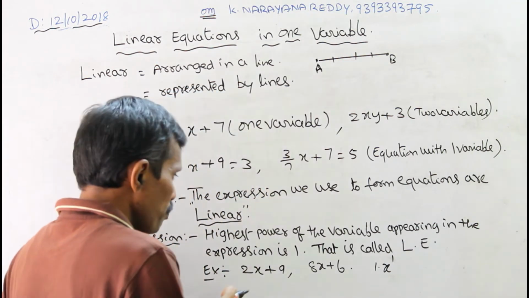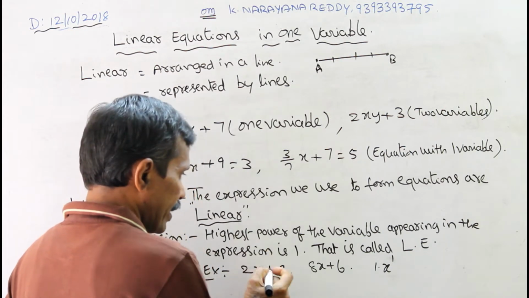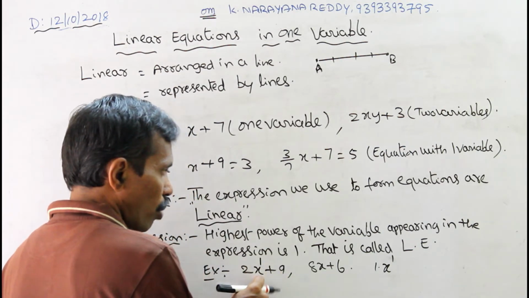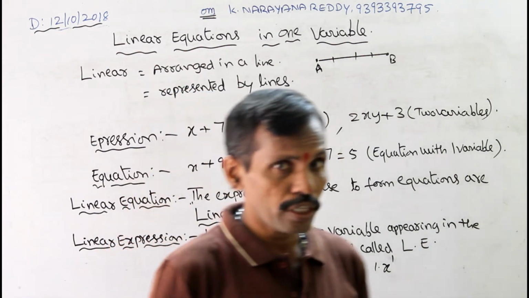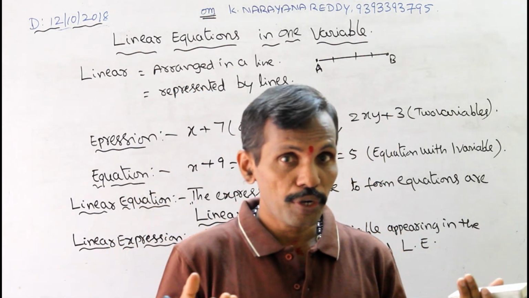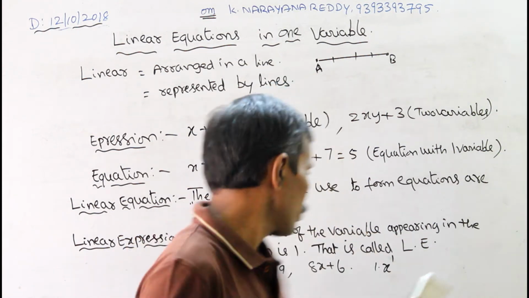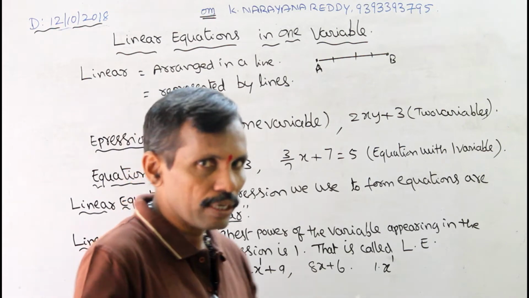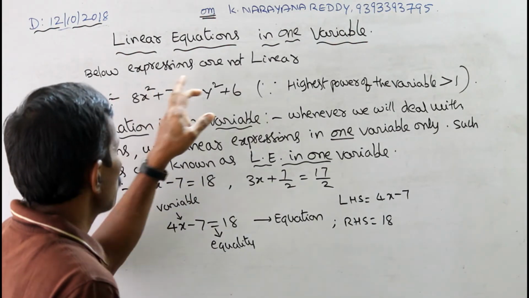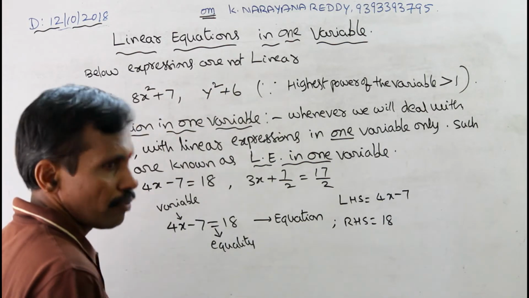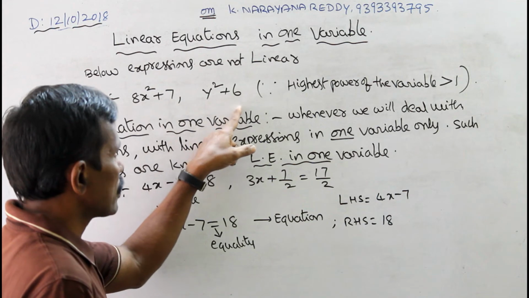So 2x plus 9 is an expression containing highest power 1. Some other expressions contain exponent, or power, 2. Those are not linear expressions. See here, the below expressions are not linear. For example, 8x square plus 7, y square plus 6.